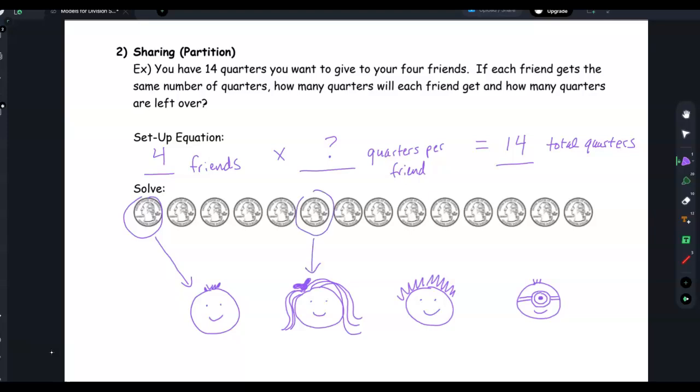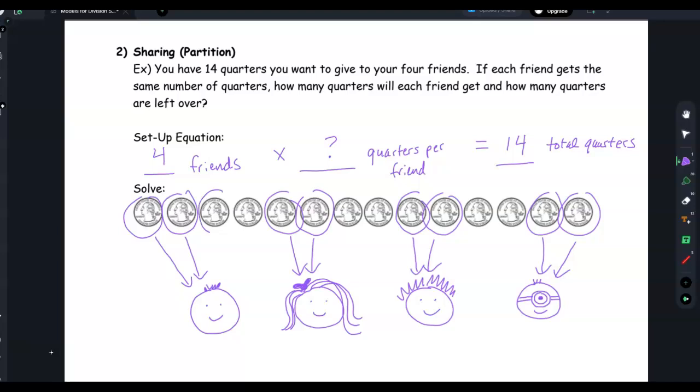So you get one, you get one, you get one, you get one. So everybody has one. Do I have enough to give everybody another one? I do. So let me do that. So you get one, you get another one, you get another one, and you get another one. So then uncircled, do I have enough quarters to give everybody another quarter?